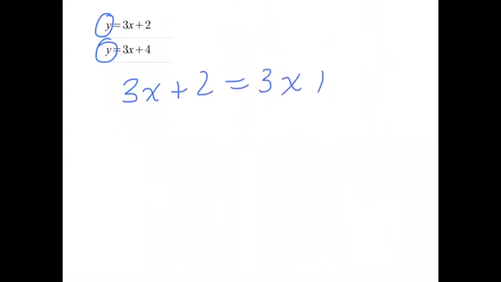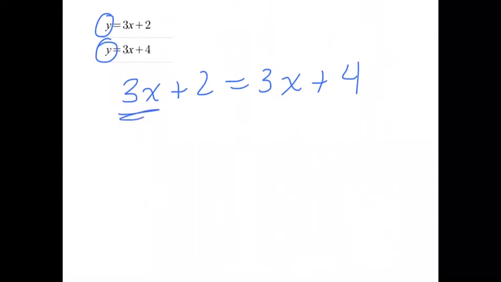All right, let's try to solve these algebraically and see what happens when there's actually no solution. This is interesting to see, at least I think so. So look at this. We already have our equality, so we can say 3x plus 2 equals 3x plus 4. So let's think about this for a minute.